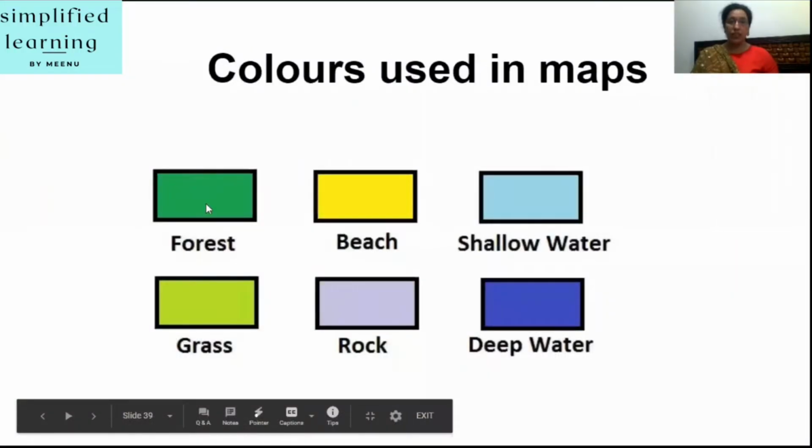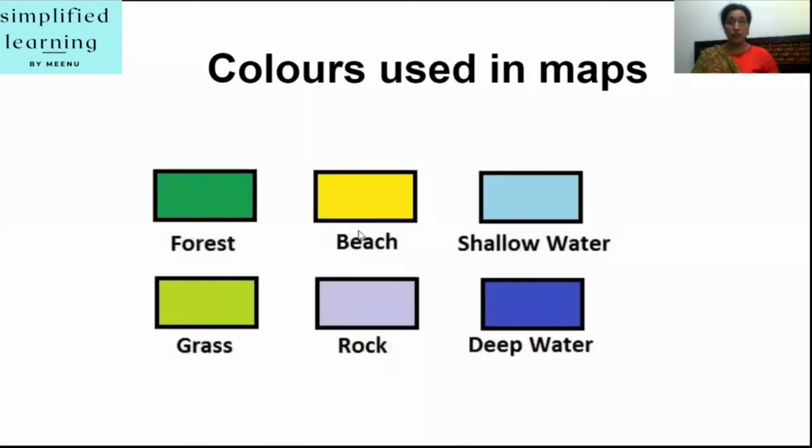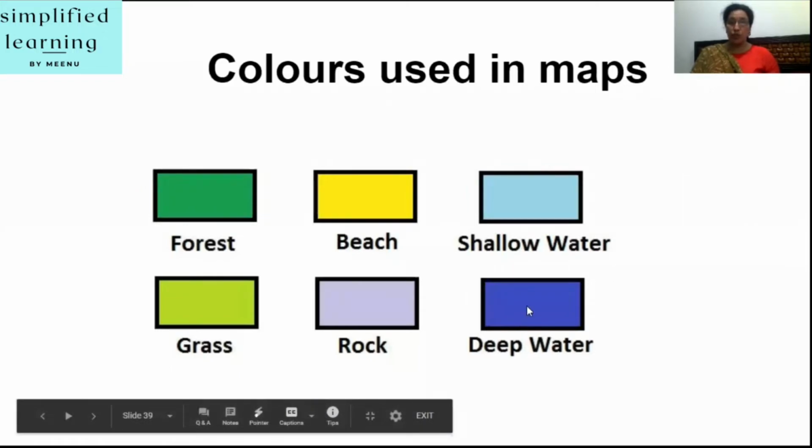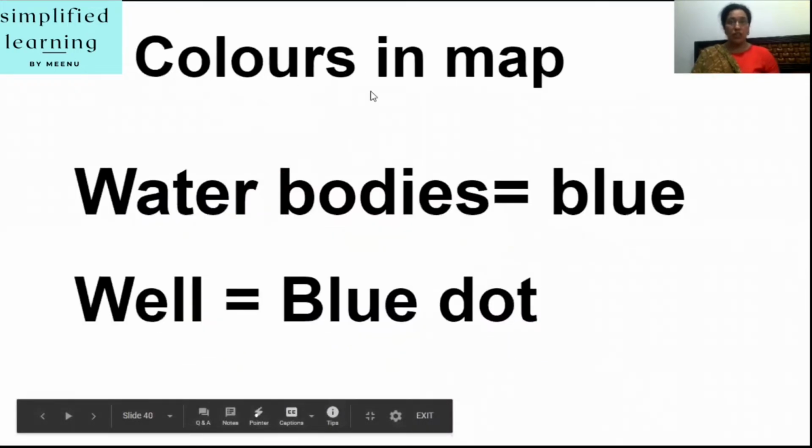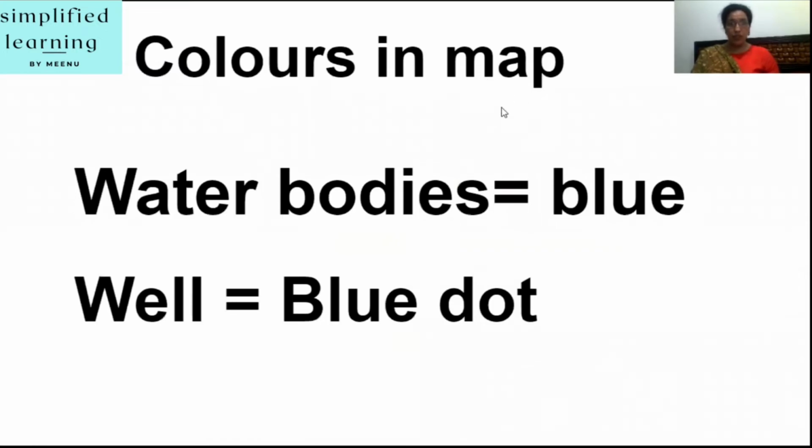For example, green color for forest, yellow color for the beach, and if you're showing shallow water you use a light blue color. If you're showing deep water, it's a dark blue color. Then rock with this violet color and the grass with light green. So colors in maps are really important.